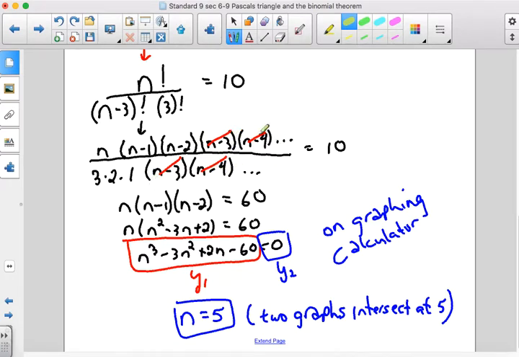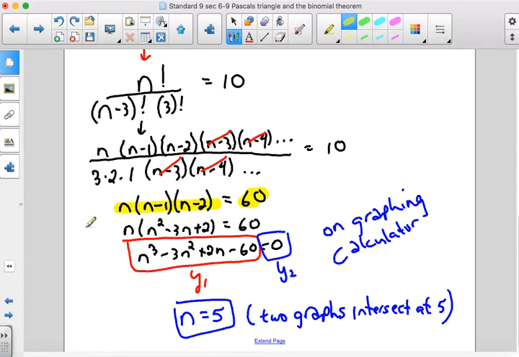Everything from this side on, all this is going to reduce with all of this. Those are all gone now. And simplifying this is 6. 3 times 2 times 1 is 6. So I'm going to multiply both sides by 6. This is where the 60 comes from. And I'm left with n times n minus 1 times n minus 2 equals 60.